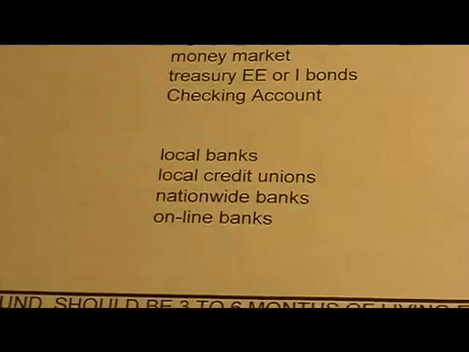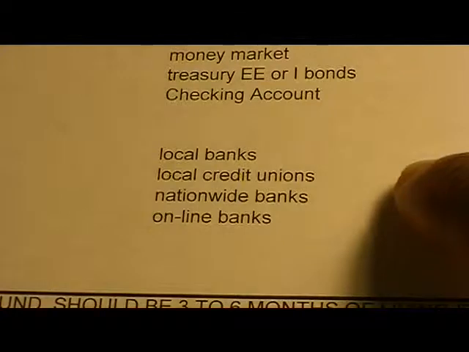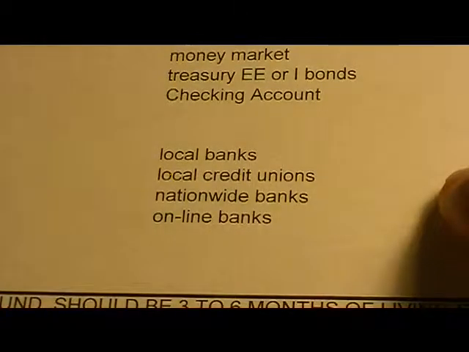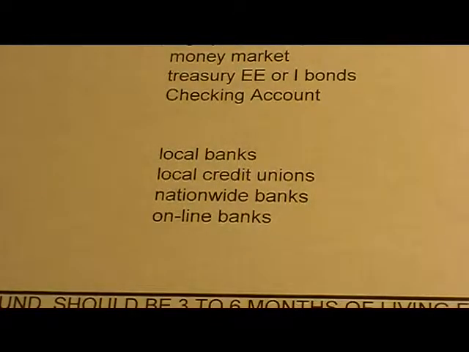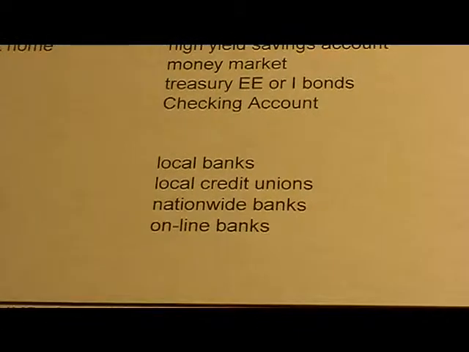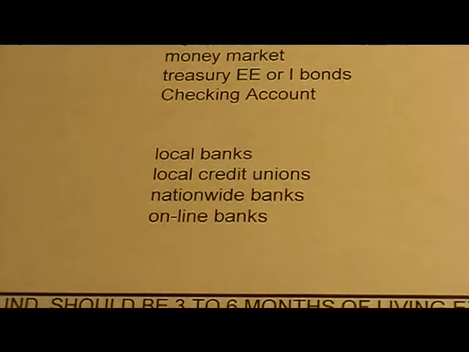And there's the option of keeping it in local banks, that way it's always near at hand. Also with local credit unions, it's just close at hand. And you don't want it so that you can just raid it at any point in time, but you do have to make provisions for actually getting the money when you need it.